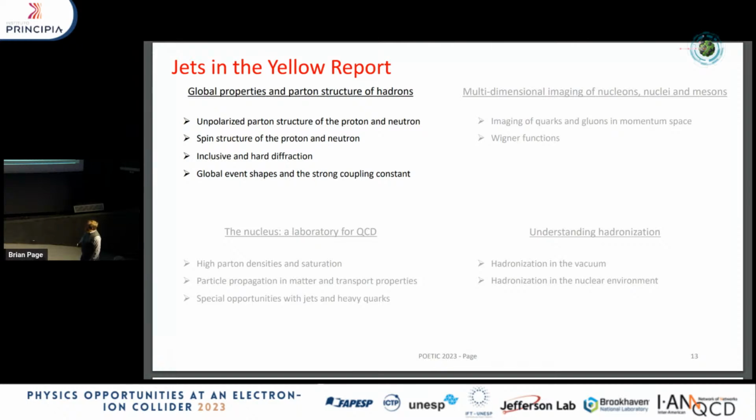So things like the unpolarized parton structure of the proton and neutron, and then analogously the spin structure. And I would add here as well, not only the proton and neutron, but the photon itself, which I'll talk a little bit about, diffraction, global event shapes, which is, I would say, not exactly a traditional jet, but maybe jet adjacent.